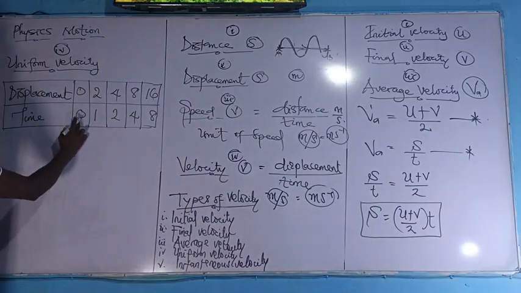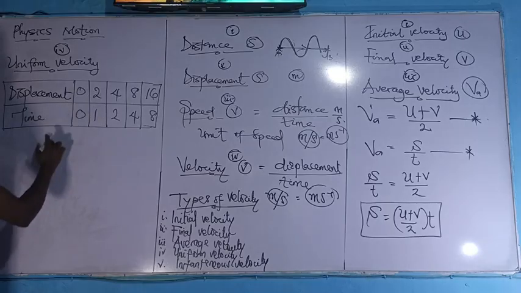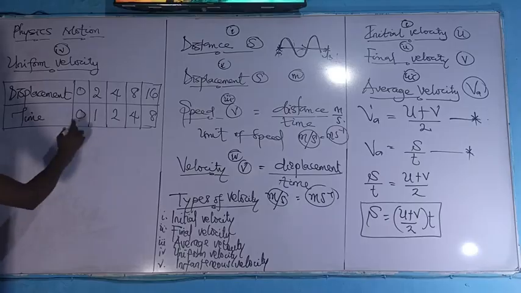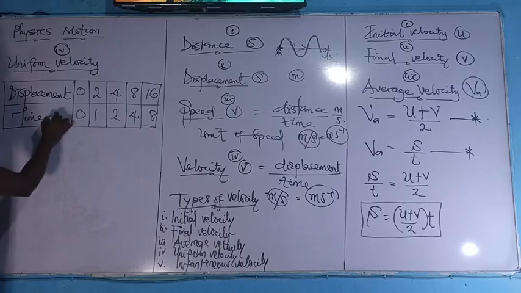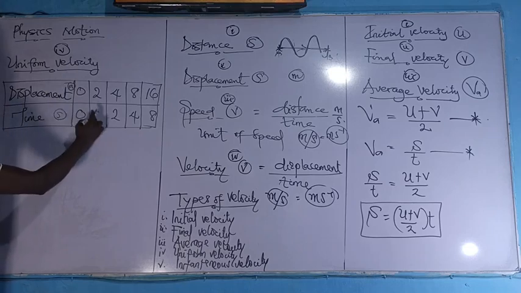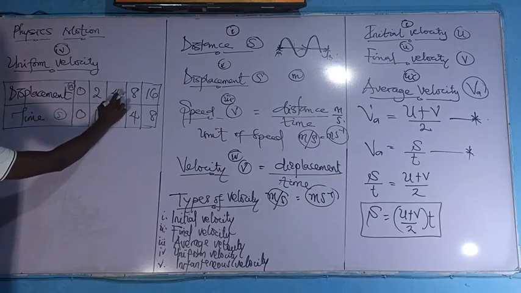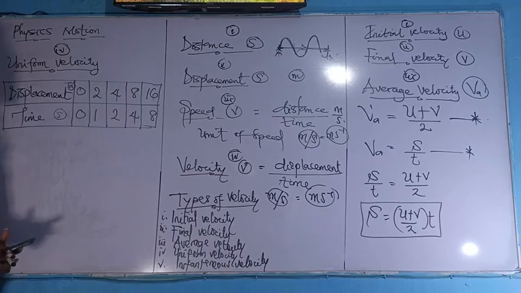When the time changes from 0 to 1, the displacement changes from 0 to 2. Remember, time is measured in seconds and displacement is measured in meter. When the time changes from 1 second to 2 seconds, displacement changes from 2 meter to 4 meter.